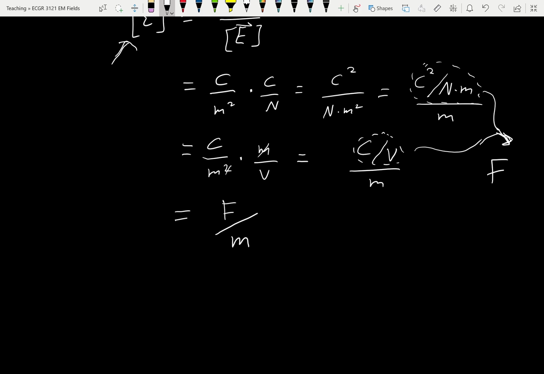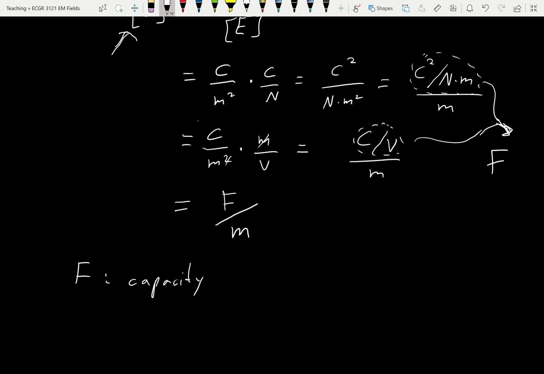The farad seems to be some kind of unit that measures capacity. That's where capacitance comes from, because it's coulombs per volts. Volts is a measure of how strong the electric field is. The larger the voltage between 2 points, the stronger the electric field between those 2 points.